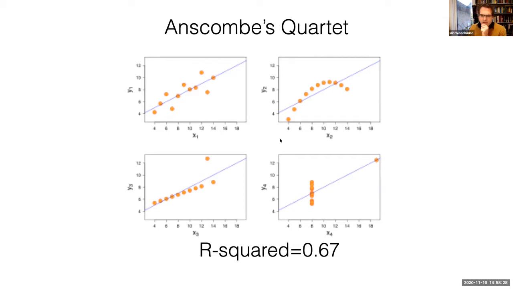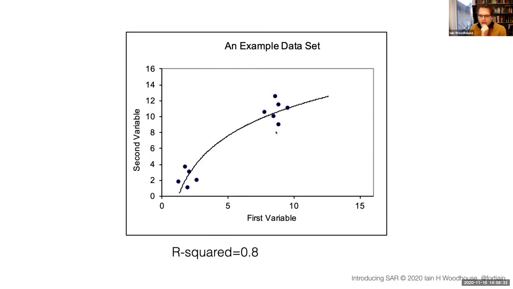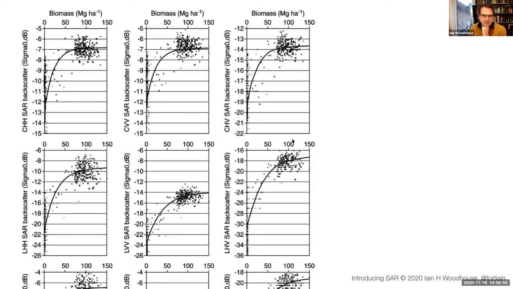And I generated a couple of other graphs that I think represent some of the work in the radar community. So this is an example data set. This is one of them, and all my examples have got an R² of 0.8, which looks really good. And if you reported an R² of 0.8, you would think that was a strong correlation. But if you have 2 clouds of data points, you can get a strong correlation.